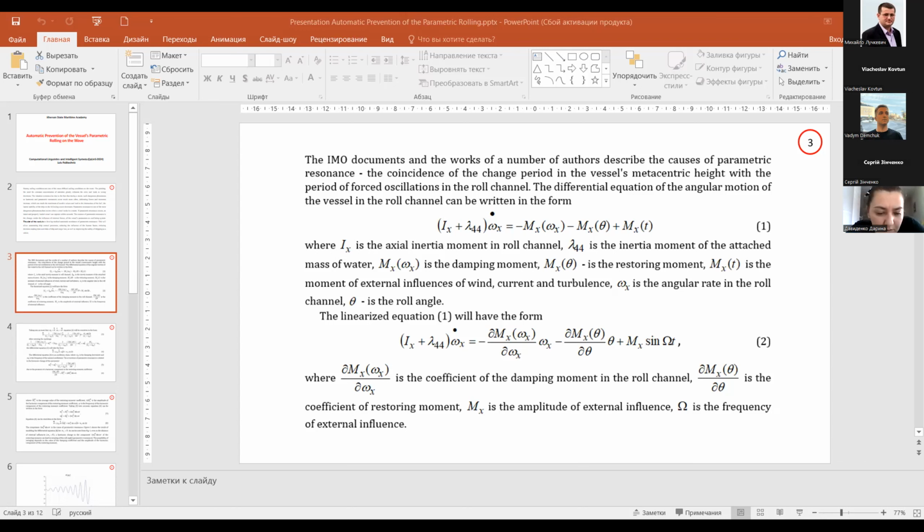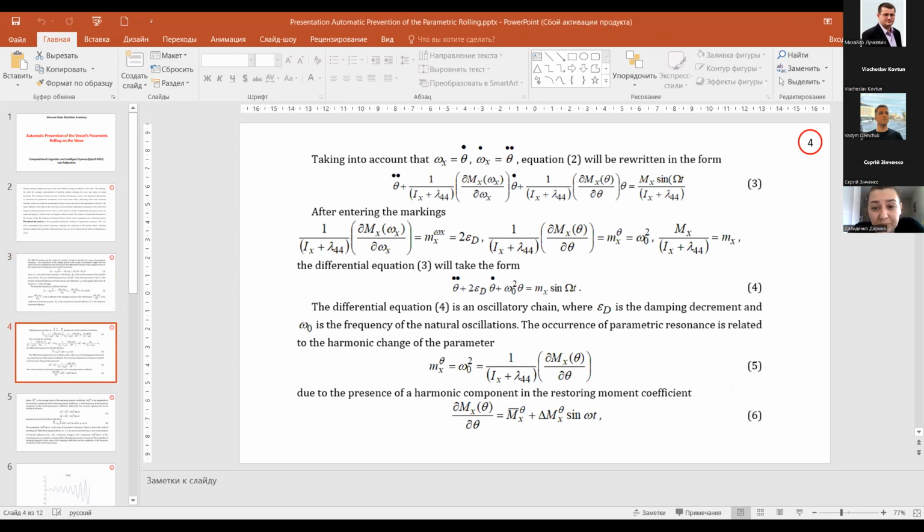Omega x is the angular rate in the roll channel, and theta is the roll angle. The linearized equation 1 will have the form 2. Taking into account that omega x is the first derivative of the roll angle theta, and the angular acceleration in the roll channel is the second derivative of the roll angle theta, equation 2 will be rewritten in the form 3.